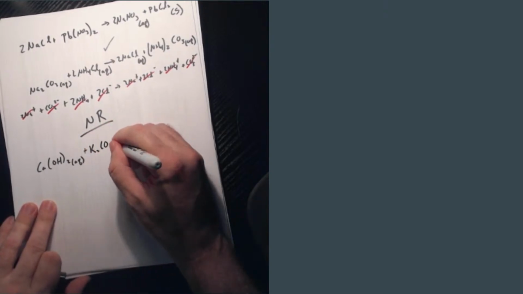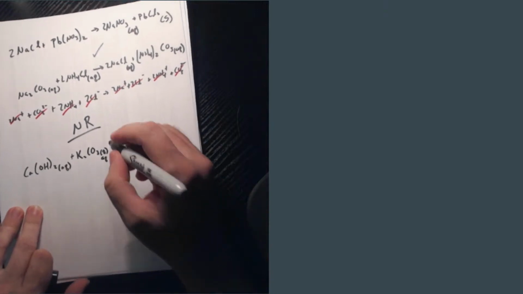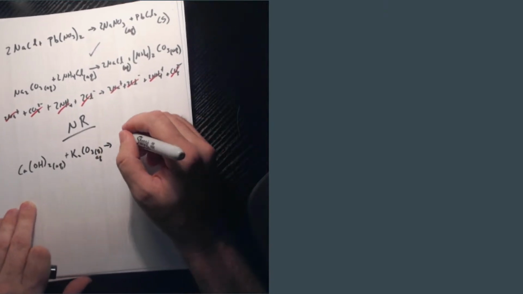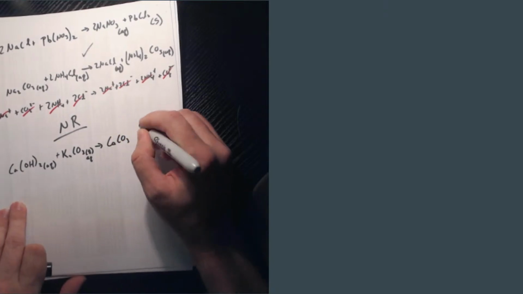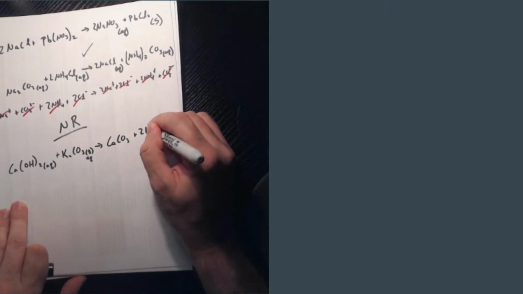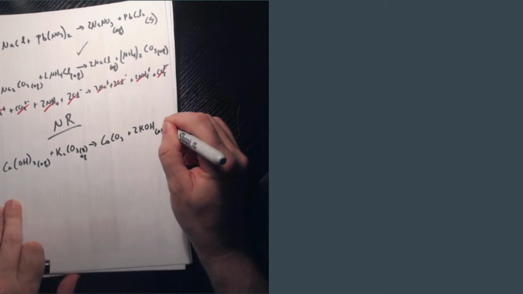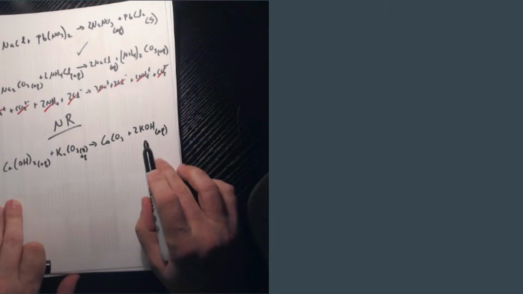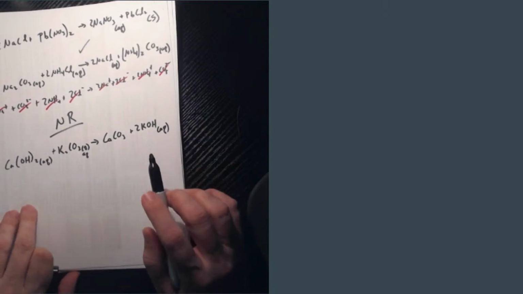Again, carbonate is usually insoluble, but potassium, it's always soluble, so that means it's an exception for carbonate. So when we swap the partners, we get calcium carbonate and 2 potassium hydroxides. So potassium is still one of the always solubles, so potassium hydroxide, nice and soluble. In fact, that is one of the forms of lye, caustic lye, known as potash.